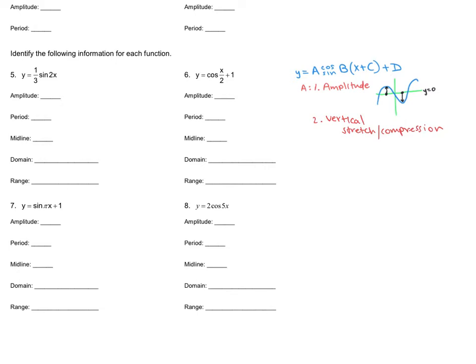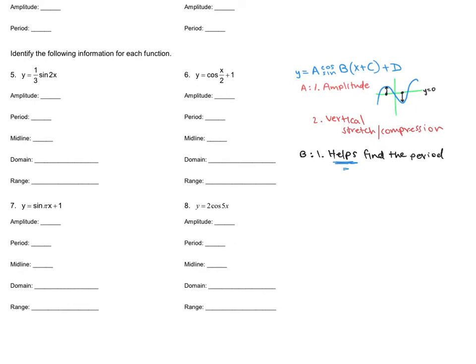Now, let's take the B value. The B value, this number two, helps find the period. The key word here being helps.